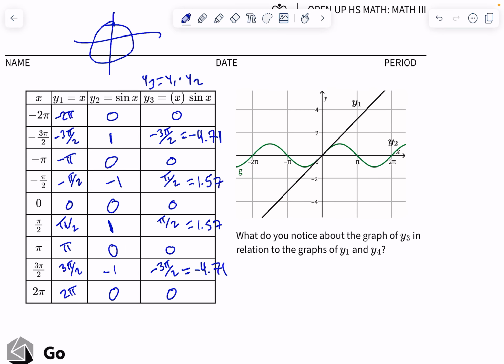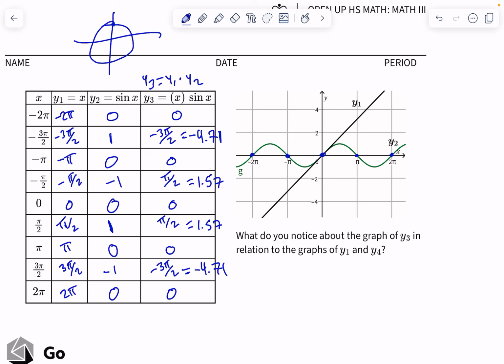So I'm going to put them in blue. At negative 2 pi, we are at 0. At negative pi, we are at 0. So let's put those zeros first. At pi, we are at 0. And at 2 pi, we are at 0. Okay. Now let's graph negative 3 pi over 2.